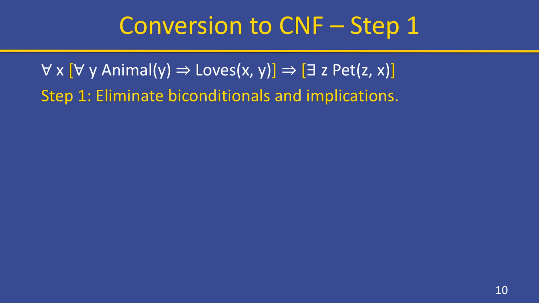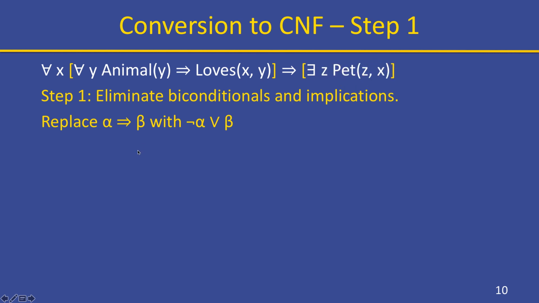So we use our implication elimination rule that tells us that we can replace alpha implies beta with not alpha or beta. Now our alpha is this whole thing here. The alpha does not include the for all x because the for all x applies to the whole sentence. And our beta is this sentence here, there exists z, pet z x.